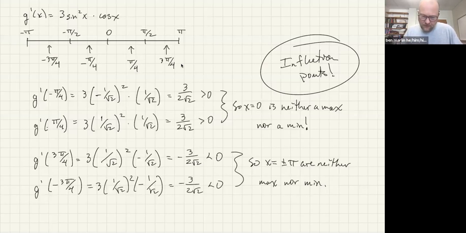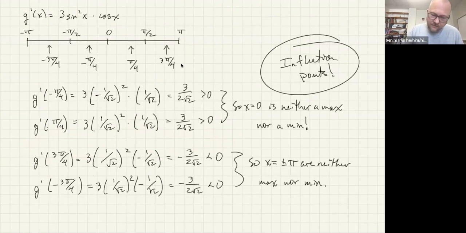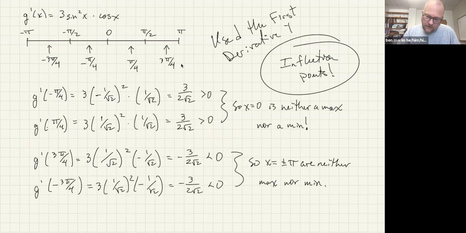So, all right, the main thing to take away from this is that we can use the second derivative test, but if the second derivative test fails, as it did here, we have to turn to the first derivative test. And I should write down here, we used the first derivative test.